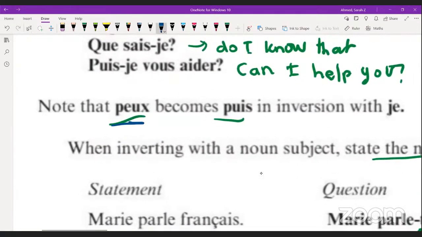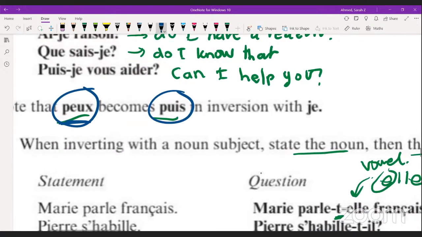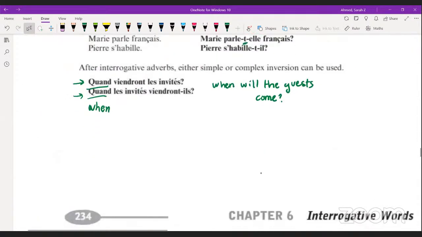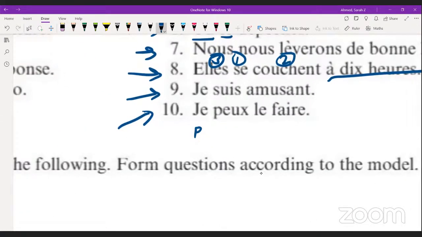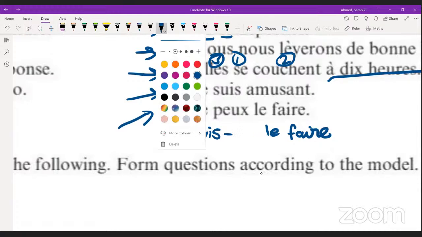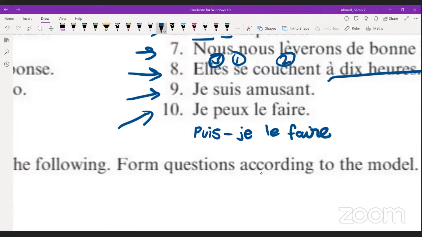The word peux is special because you would spell it like this, but it would sound the same. Peux-je le faire. You said it perfectly, but I'm telling you in terms of the spelling, it would be puis-je le faire. Just keep in mind, because it could come up sometimes.